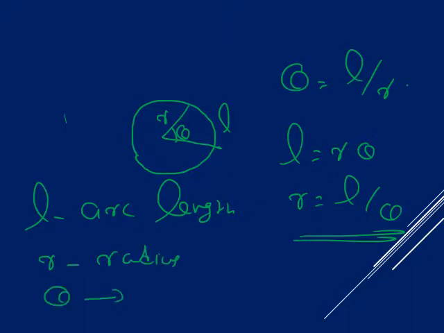So L is arc length, R is radius, theta is angle. Okay. Thank you.